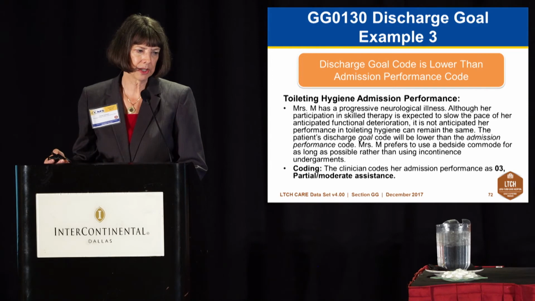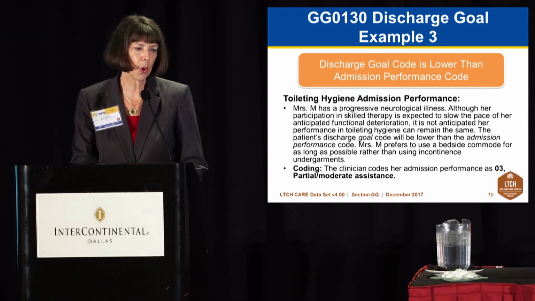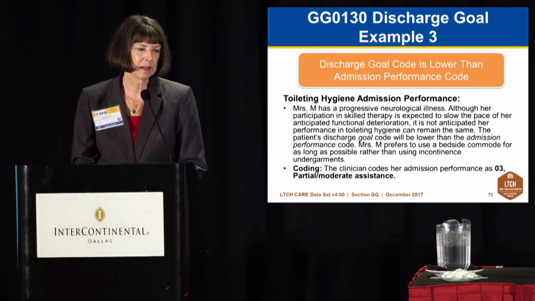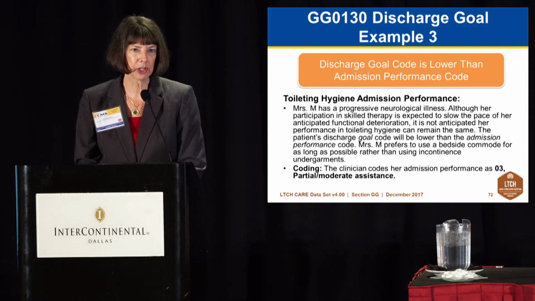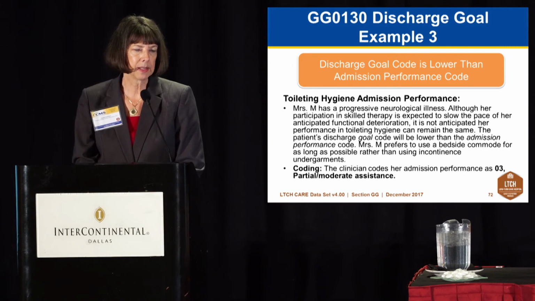Okay, and now we have a discharge goal code that is lower than the admission performance code. Some clinicians may not be familiar with it, but that is acceptable. With your population, of course, you hope to see gains, but sometimes it's just not possible. So here's an example of that. Toileting hygiene admission performance: Mrs. M has a progressive neurological illness.